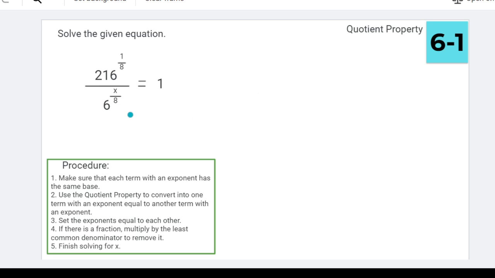So what I'm anticipating here is that because the 6 can't be broken down any further, I feel like 216 has to be some kind of multiple of 6. Okay, so I'm creating a factor tree and I'm dividing 216 by 6 to see what I get.